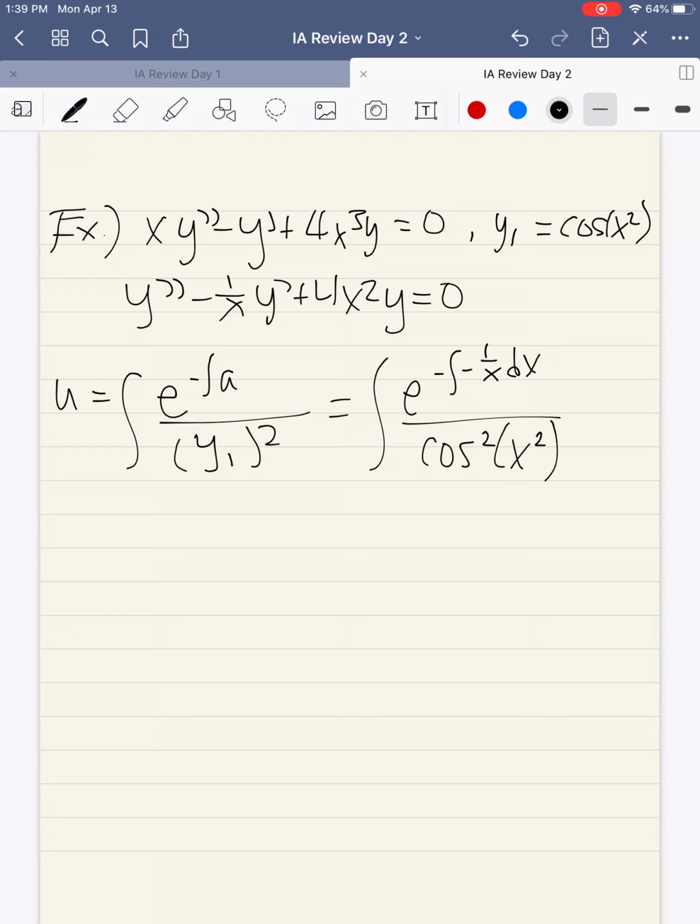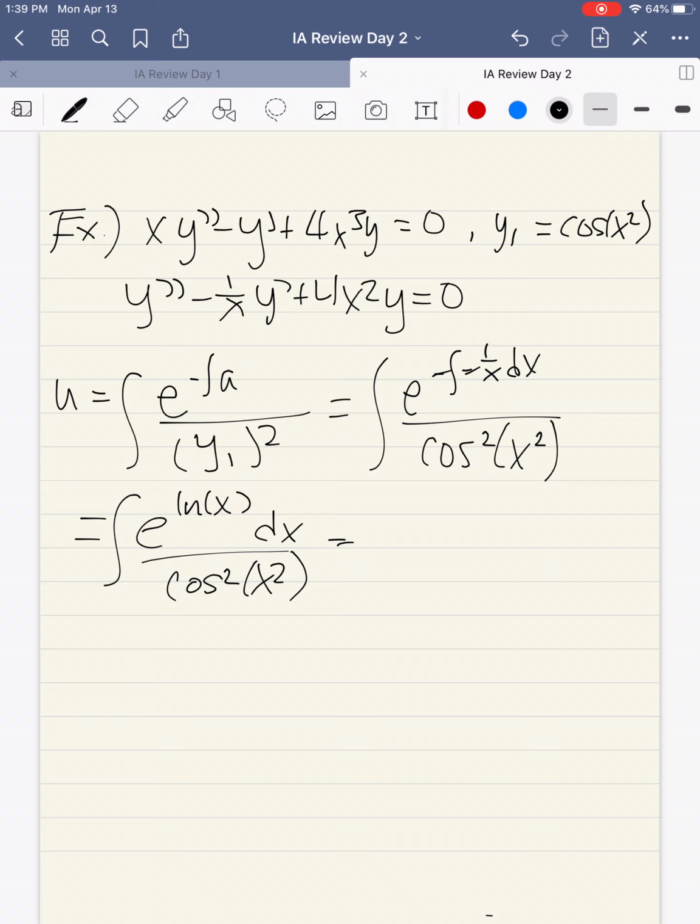And so to simplify our numerator here, if we have these two negatives, those are going to cancel out, and then the integral of 1 over x is going to be the natural log. So here we have the integral of e to the natural log of x dx over cosine squared of x squared.